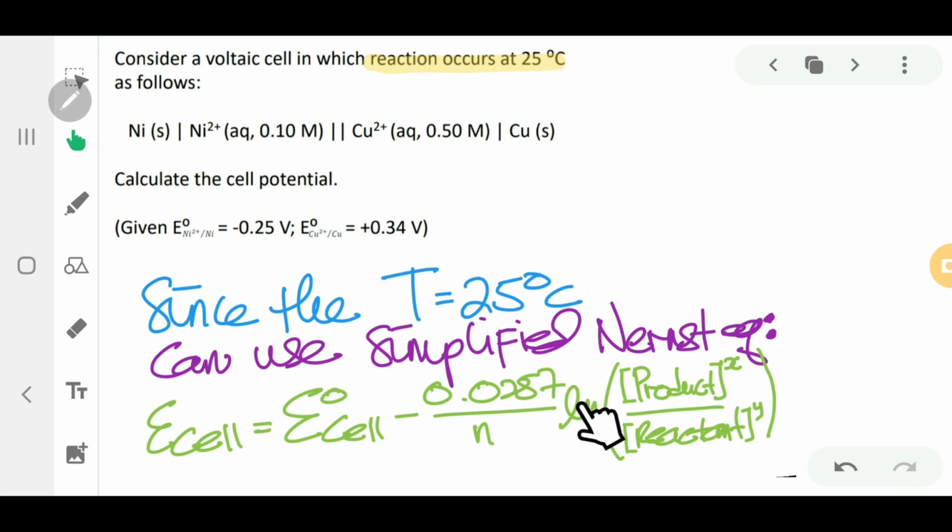But in my opinion, it's better for you to make the simplified version look similar to the Nernst equation. In the Nernst equation that we looked at in the previous video, you're going to use ln instead of log. So this is the simplified version. Remember, the reason why we can use this to solve question number 1 is because the temperature is at 25 degrees Celsius.